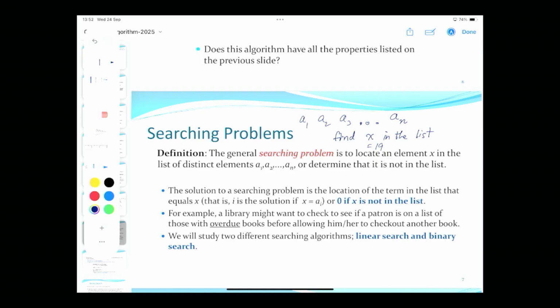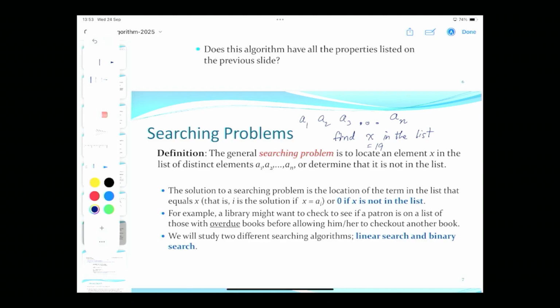If not found, then check with A2 and keep doing that until we find 19 in the list, or until we have compared all the elements and could not find 19. Then we stop and report that x is not in the list. So this is a simple way to do it. It is an algorithm as well.